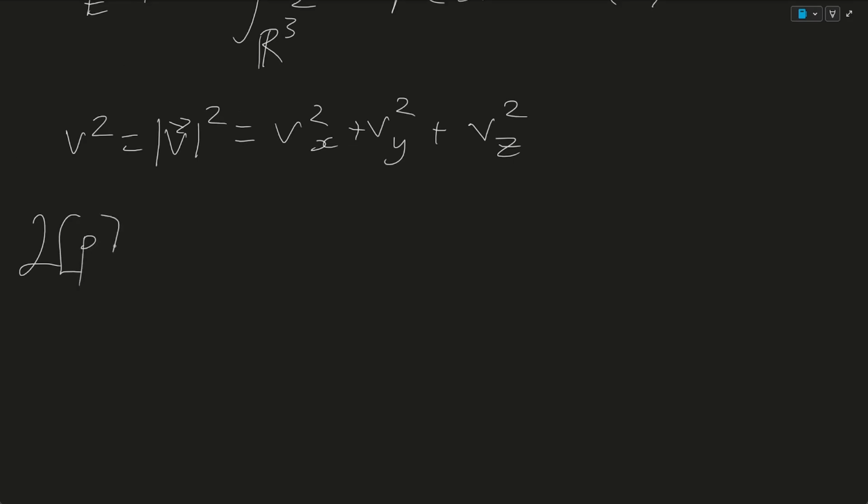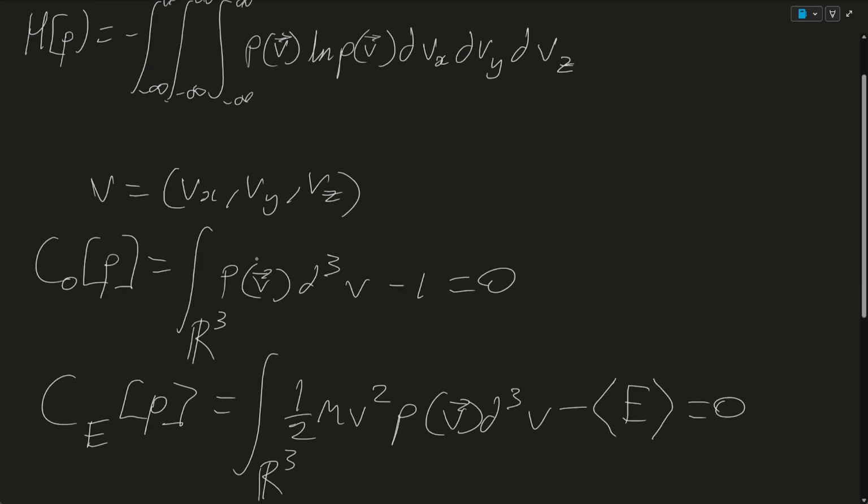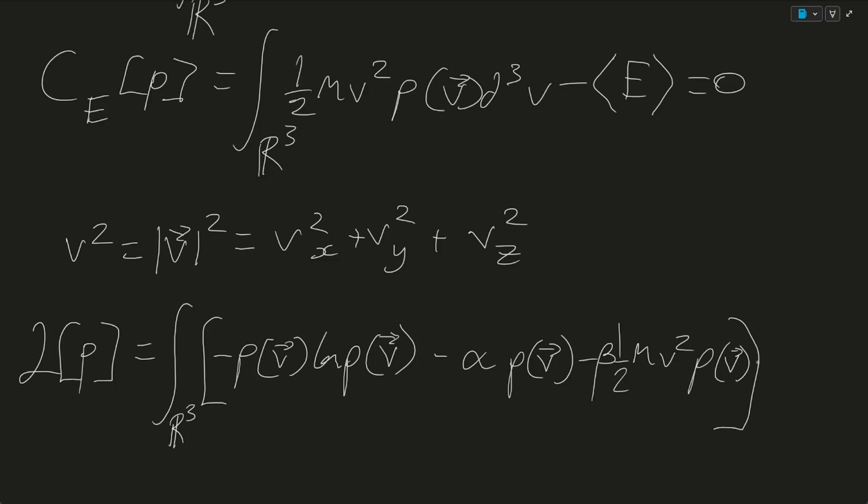So our Lagrangian of P, and we'll have Lagrange multipliers alpha and beta here, over R cubed again, is minus P(v) ln P, which is just our original Shannon entropy, minus our first boundary condition, alpha P(v), minus beta half m v squared P(v), d cubed v, plus c.